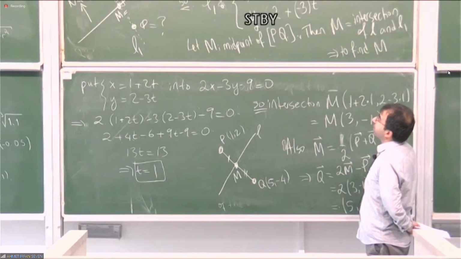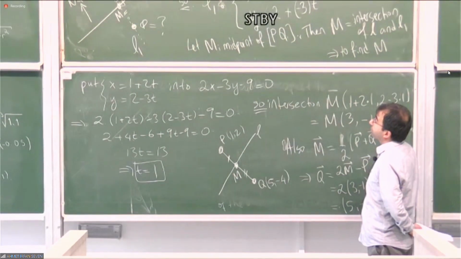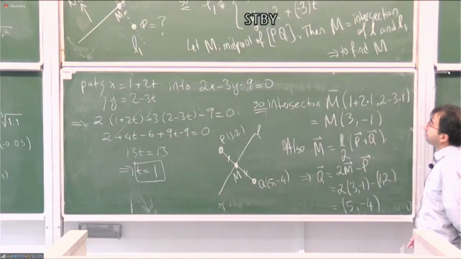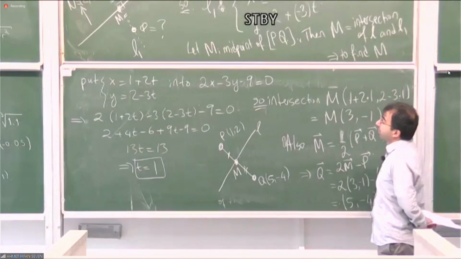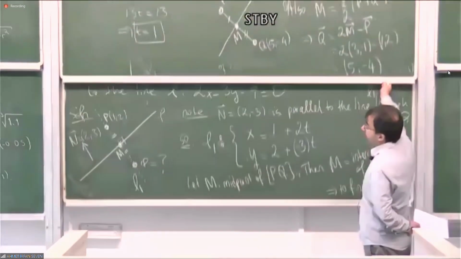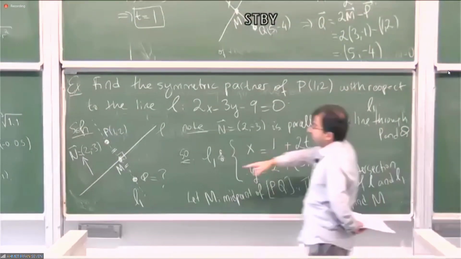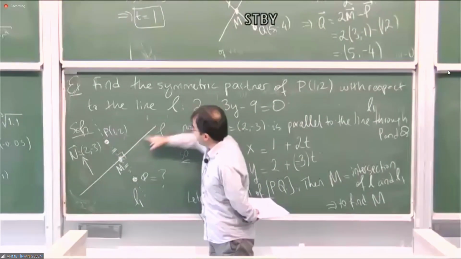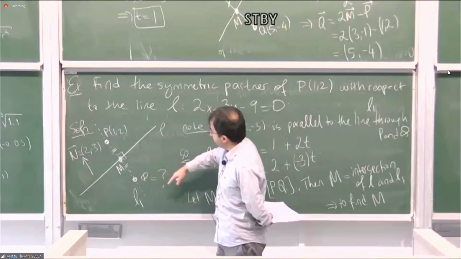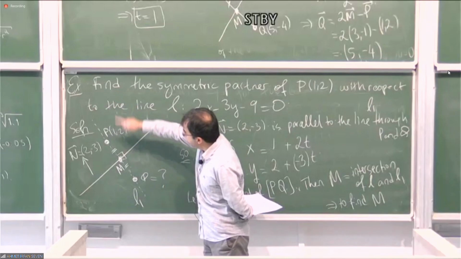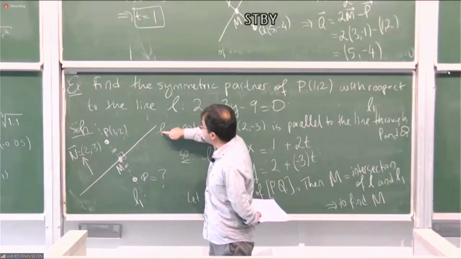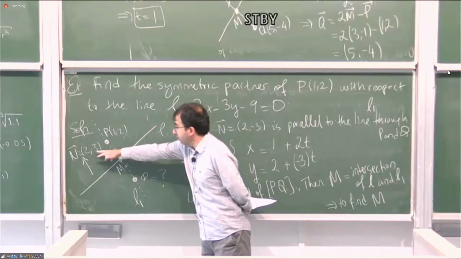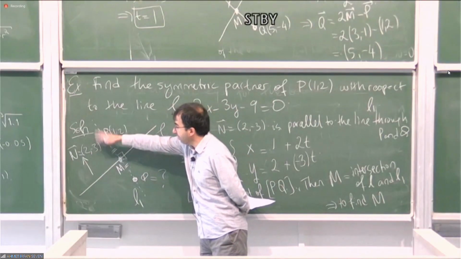So we use many things for this type of equation. Again, the idea is, once again, we are given this point and line. To find this one, we first find this line passing through P and perpendicular to this line L. We can do it because we will know a direction vector.